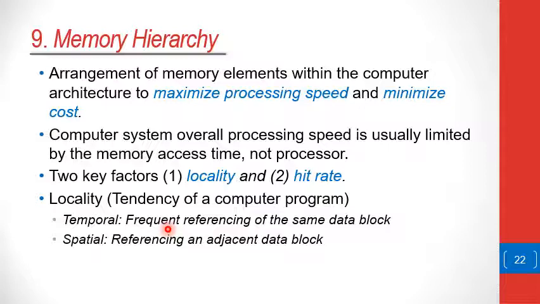A program would typically access the same block of data frequently, which means you can put a limited amount of data in the fastest possible memory, so that as the program frequently accesses it, it's able to do so quickly. Spatial locality, on the other hand, refers to referencing of adjacent data blocks.